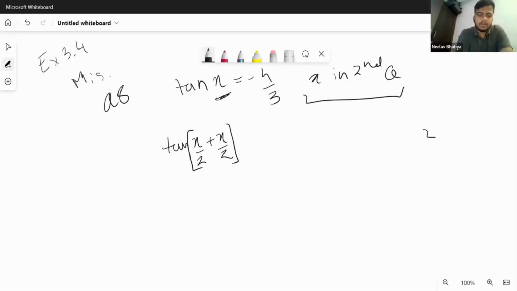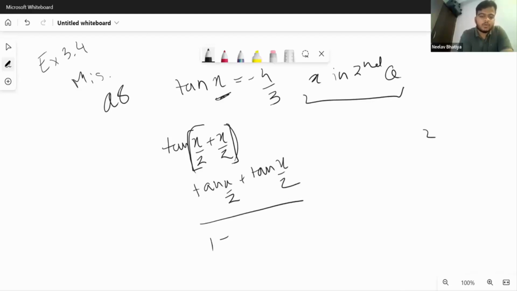You could, right? And what was the formula for expanding tan(x + y)? So tan(x + y) was nothing but, simplify this first, write this, tan x by 2 plus tan x by 2 on 1 minus tan x by 2 times tan x by 2, correct, equals minus 4 by 3.